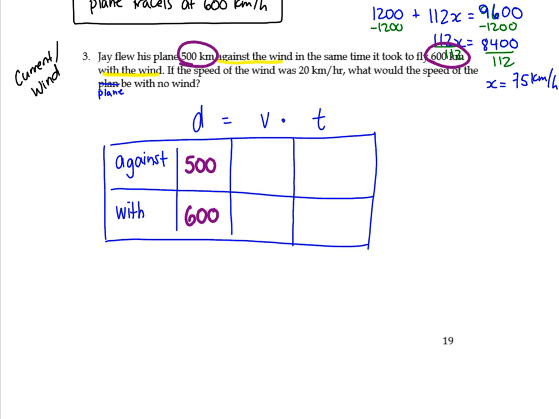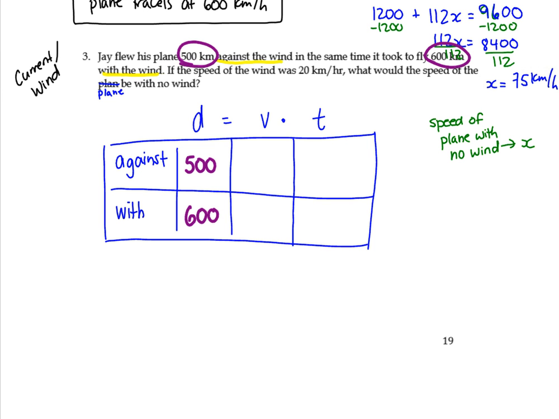Now, what are we looking for in this problem? The speed of the plane with no wind. That's what we're looking for, so I'm going to call that x.